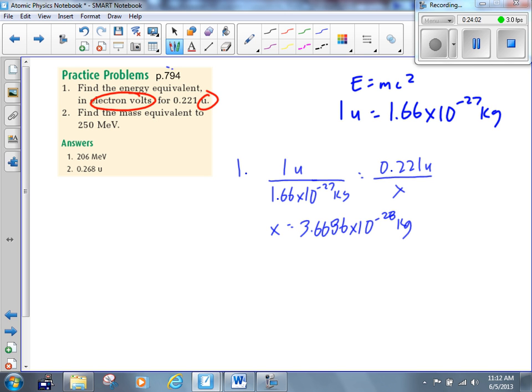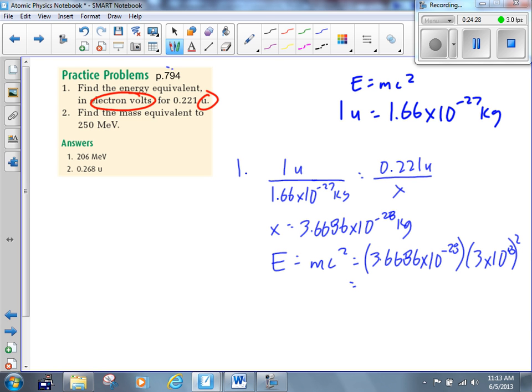Now we're going to say the energy equivalent is equal to mc squared. That's 3.6686 times 10 to the minus 28 times (3 times 10 to the 8) squared. When we do that, what do we get? Not the answer that's on our answer sheet here.